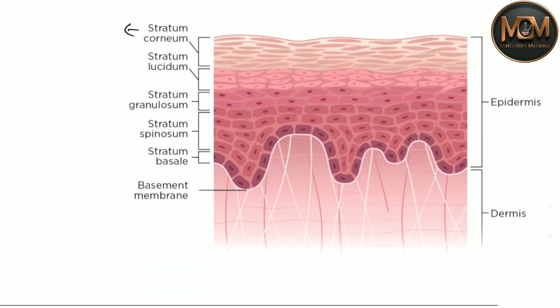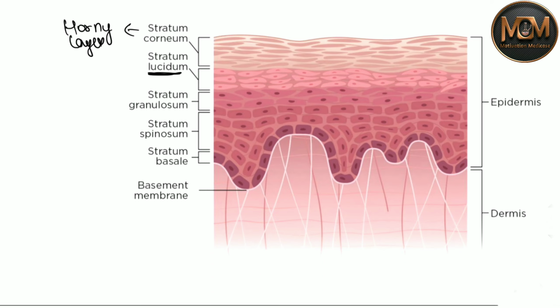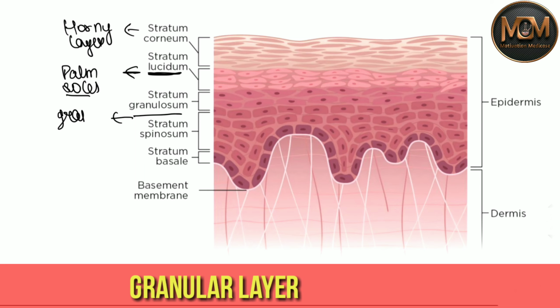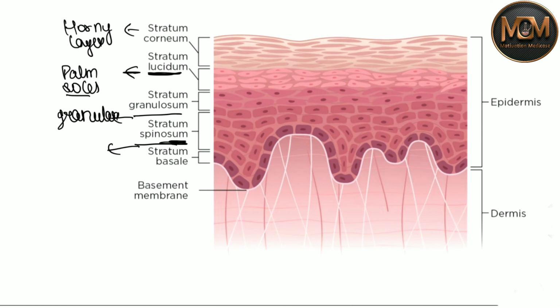The second layer is the stratum lucidum, which you can see over here, and it is only found in thick skin like the palm and soles. The third is the stratum granulosum, also said to be the granular layer. And the fourth is the stratum spinosum, also said to be the prickle layer.